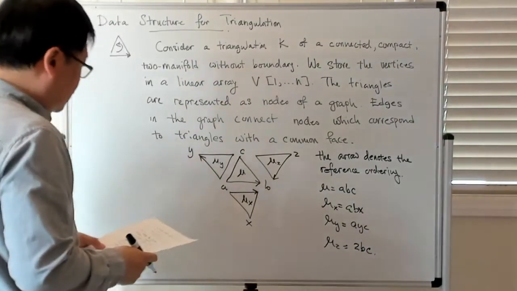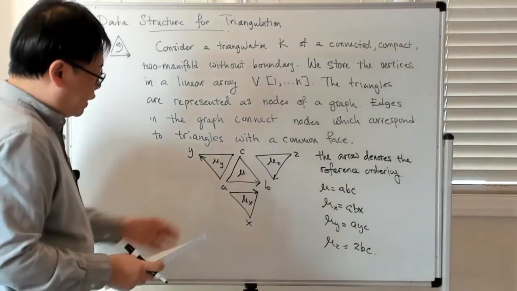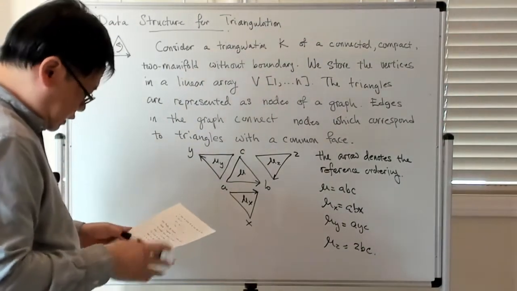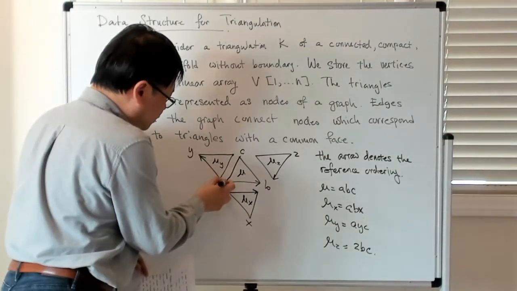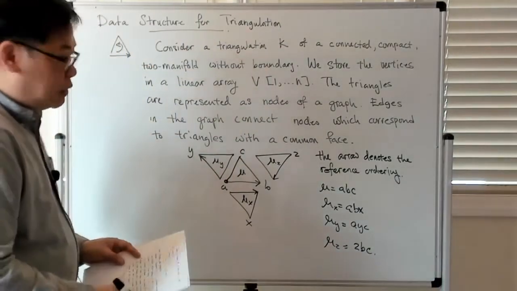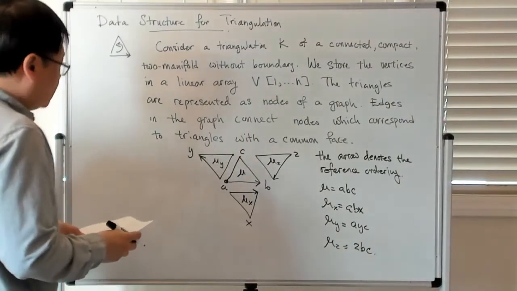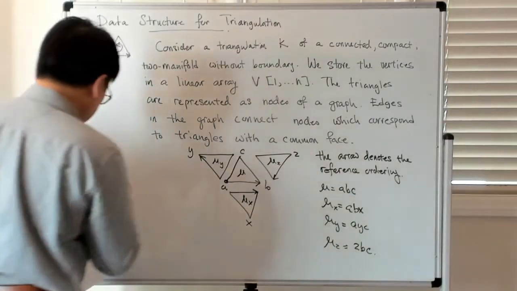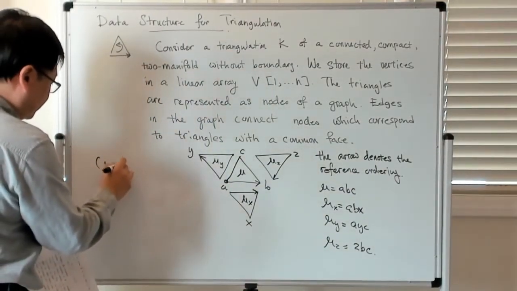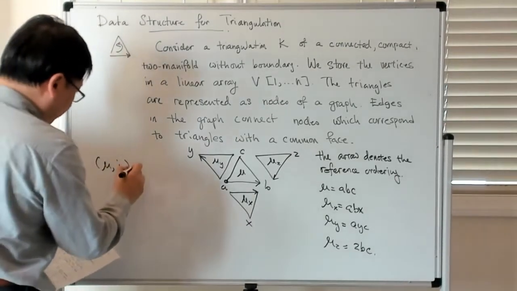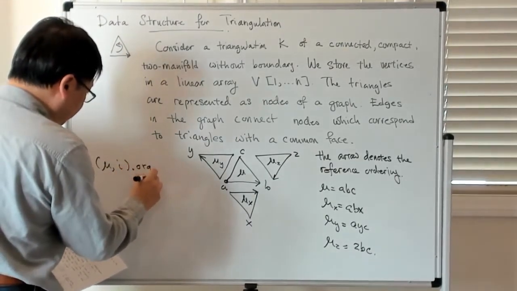All right. So in addition to that, we basically want two things. We want to know what is the starting vertex. So let's say that you have a triangle mu with a particular orientation I, and we look at the origin, if you will.